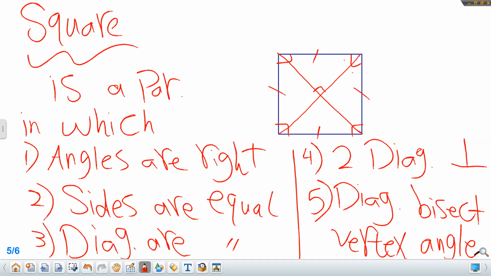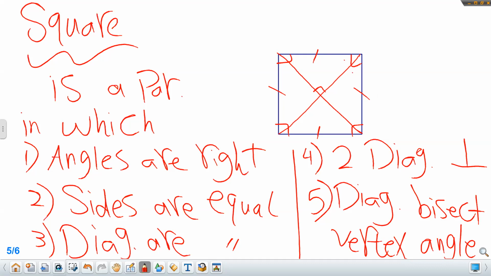Square has four equal sides, four equal angles, two equal diagonals, two perpendicular diagonals, and each diagonal bisects the vertex angle into two halves. The measure of each is 45.